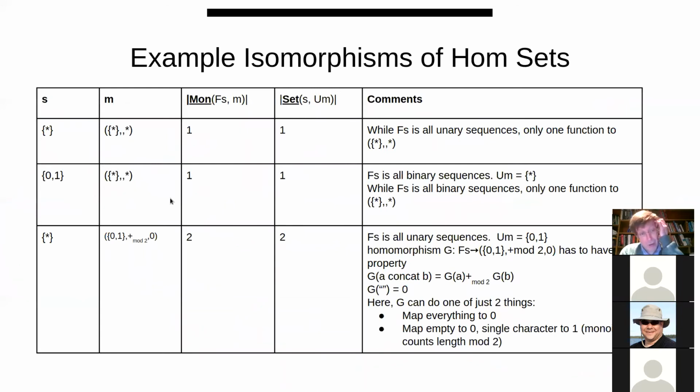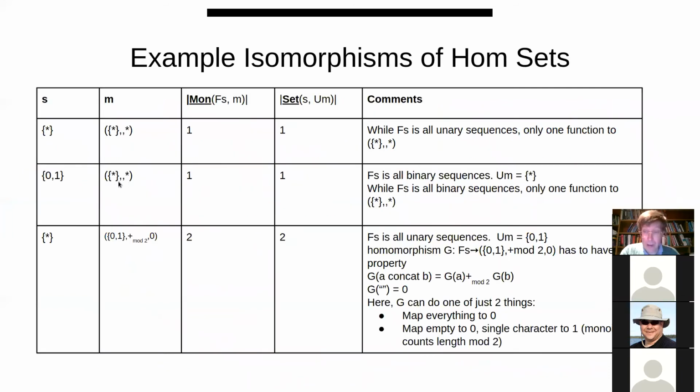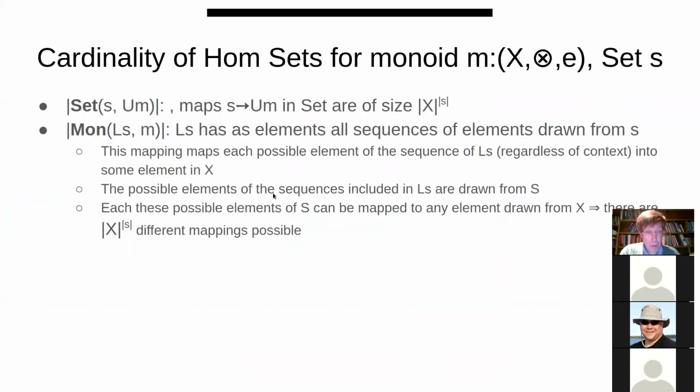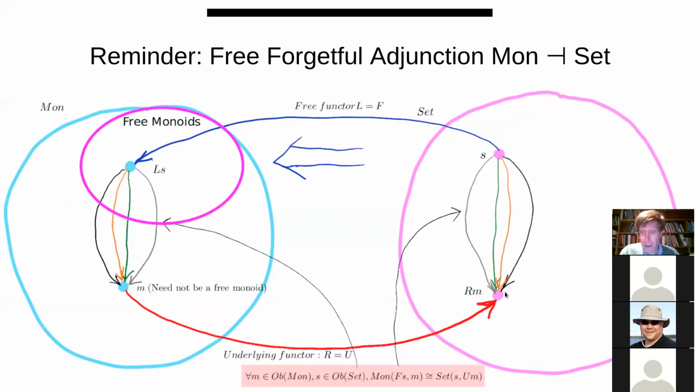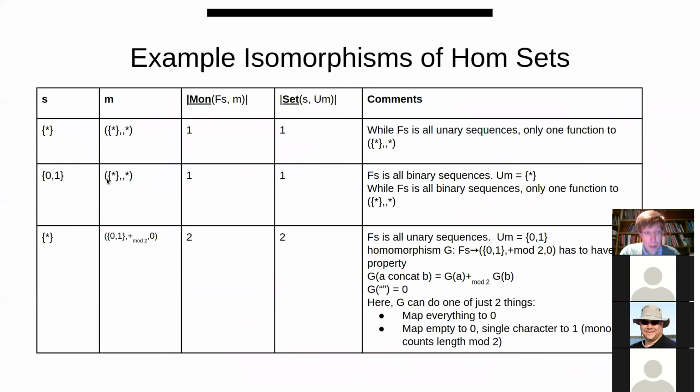Okay, let's go into something a little bit more interesting here. Suppose that we have S being 0 and 1, okay? And we have M being this kind of trivial monoid. And how many functions are there from S to RM here? Well, here we're going to have 0, 1, and RM is just going to extract this set from the monoid.